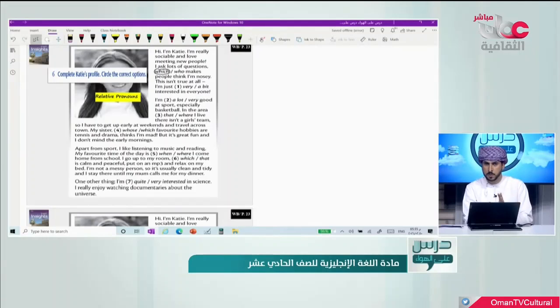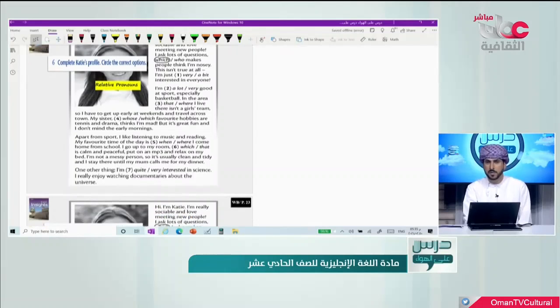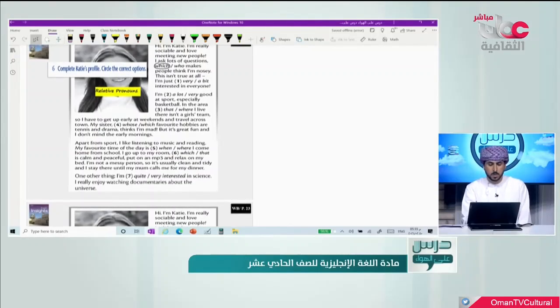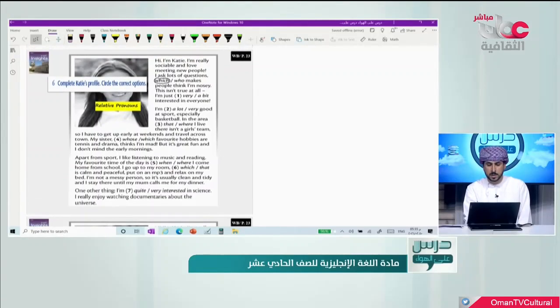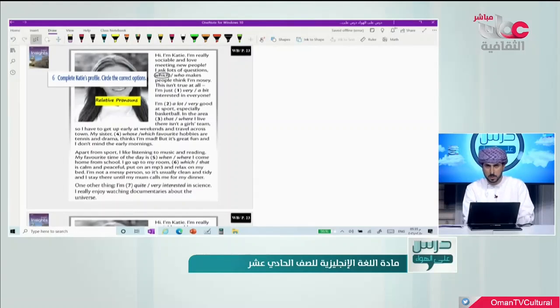When is used for time. Also, we have that, which refers to people, to animals, and to things. So let's start reading the text, and then answering the questions, and then analyzing the essay.